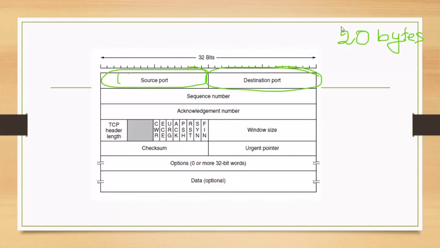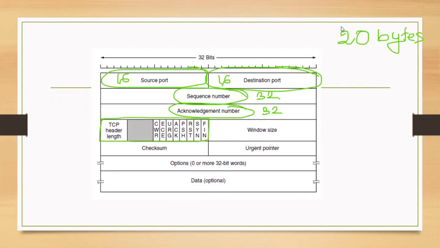So you have the 16-bit source port and destination port. Then you have a 32-bit sequence number, and then an acknowledgement number, which is also 32 bits. Then you have 16 bits of these options here.